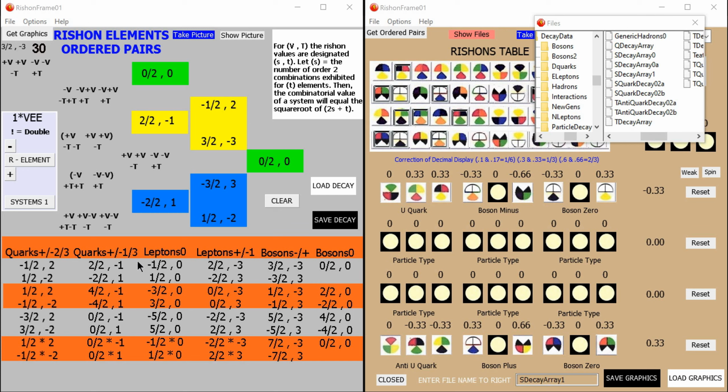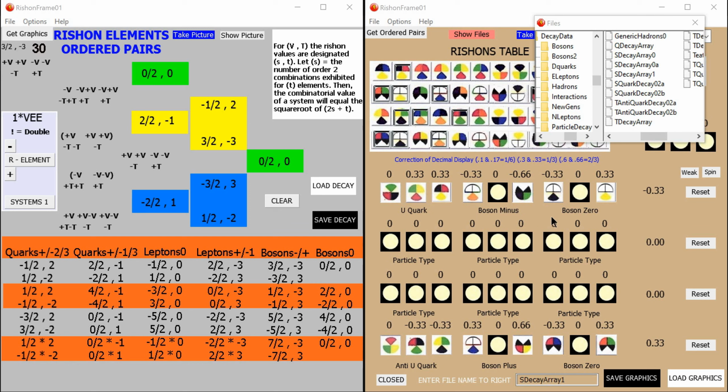Now let's look at these graphically. Graphically, we have the generic U, which you can see is composed of the T and the V. We have the boson minus, which has the flavored anti-V and the anti-T.